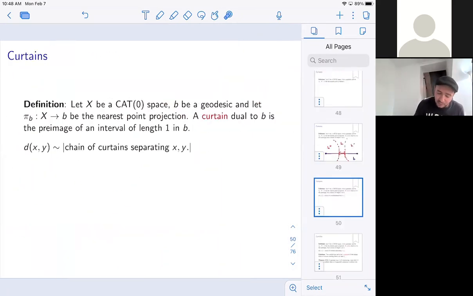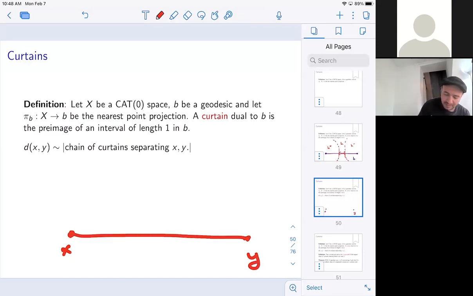Something that's worth pointing out is that the distance between 2 points here is coarsely the cardinality of the largest chain of curtains that separate them. Why? If you have 2 points X and Y that are at distance 10, you can easily find a chain of 10 curtains that separate them. How do you do it?